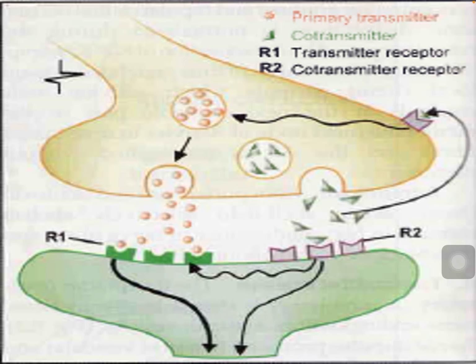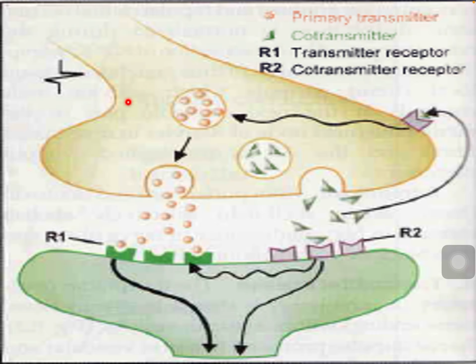So what I have told you, I will explain via this figure. This is our preganglionic nerve fiber. This is our synapse and this is our post-junctional element. In this case it is a nerve fiber, but it could be a post-junctional effector organ as well.